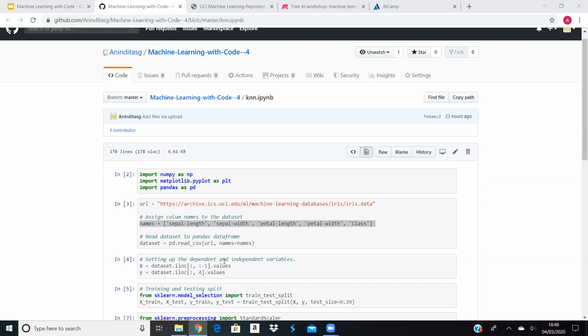These are the set of characteristics that determine the class of the flower. Does that answer your question?